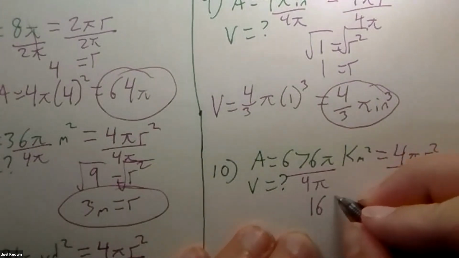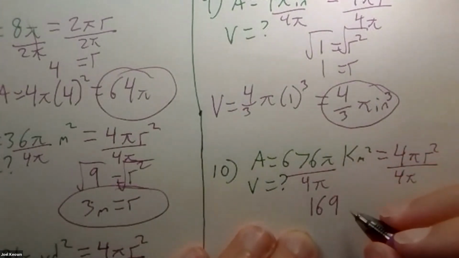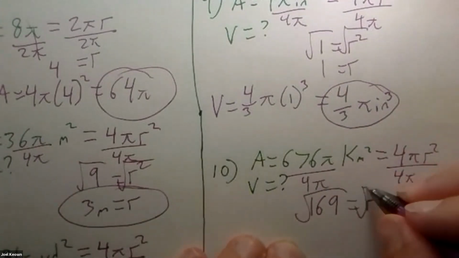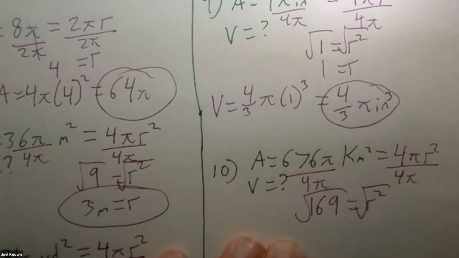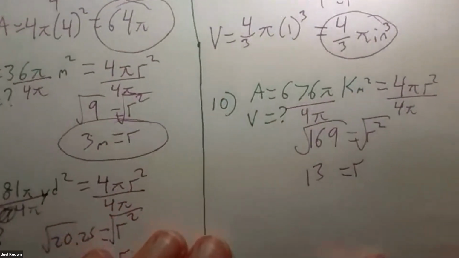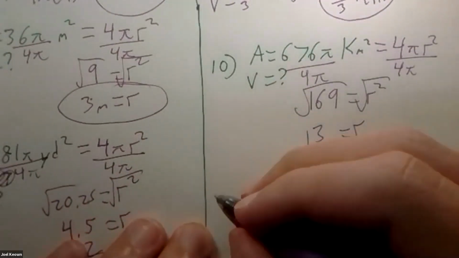That's 169. The pi's cancel out, equals r squared. I believe the square root of that's 13, but let's check and make sure. Yep, r equals 13. And so plug that into my volume equation.